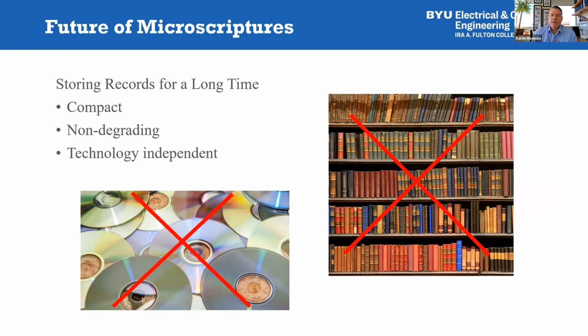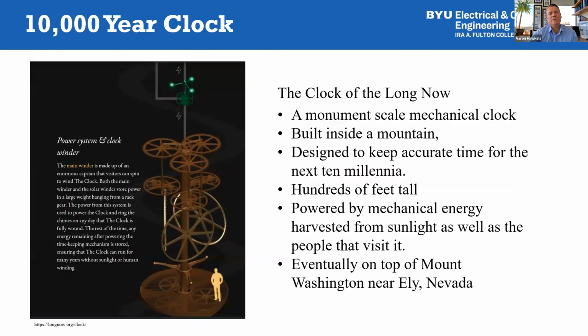And you'd want it to be compact so you get lots of records in a small space, not degrade, and it would need to be technology independent. I thought DVDs were going to be around forever, but no longer the case. So how do you do that without a lot of cost and ensure that it lasts forever?